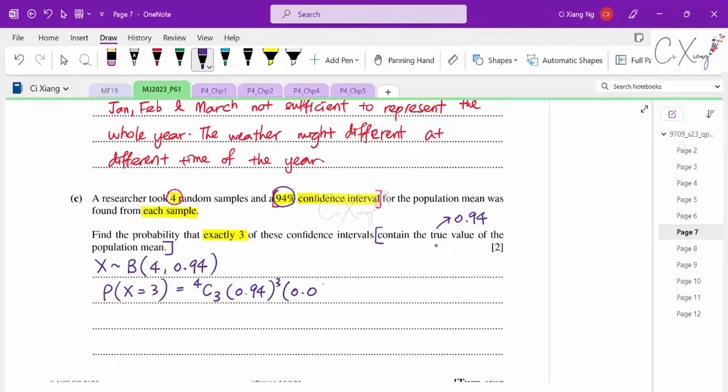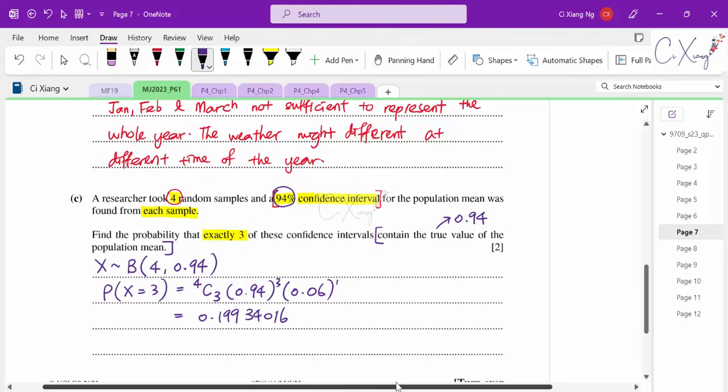So q means 1 minus p. I'm having 0.06 to the power 1, and from here you'll get a long value. So you press the calculator, and of course we have to cut it short to 3 significant figures, where we should put it as 0.199.